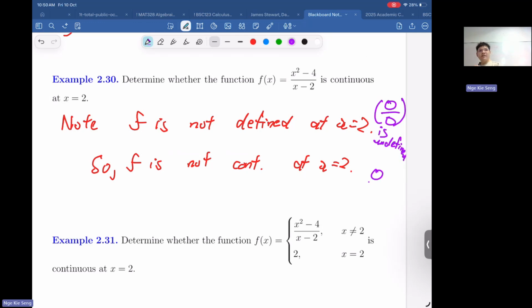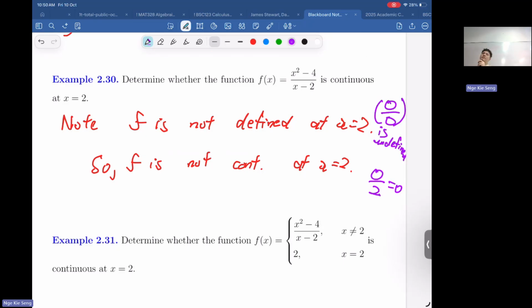Can I do 0 divided by 2? Does this work? What is 0 divided by 2? I've got a 0 cake. I want to give it to you. Do you get anything or not? You get nothing. So it's 0. So this works.